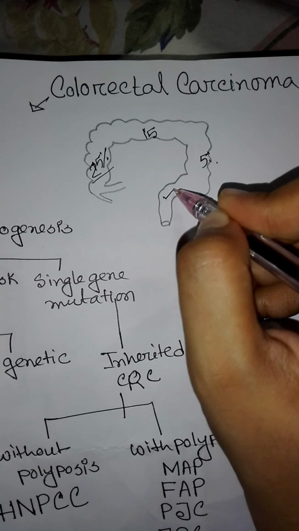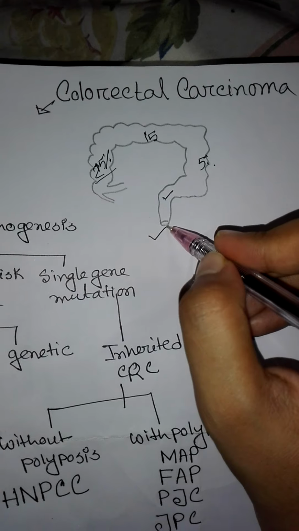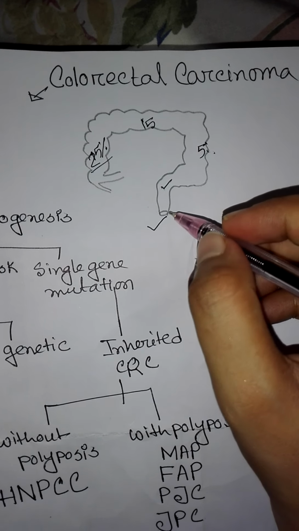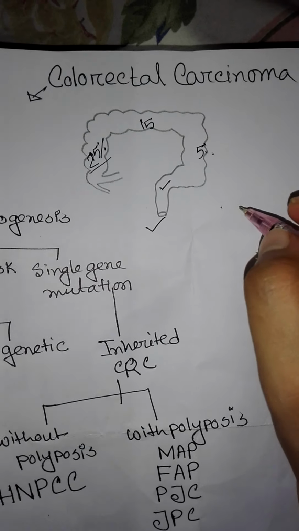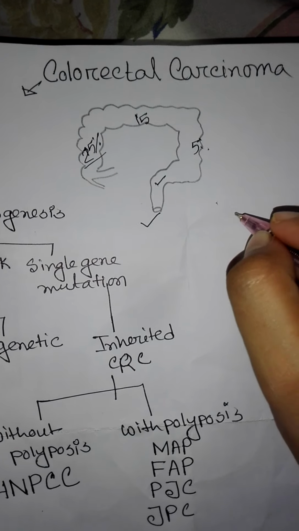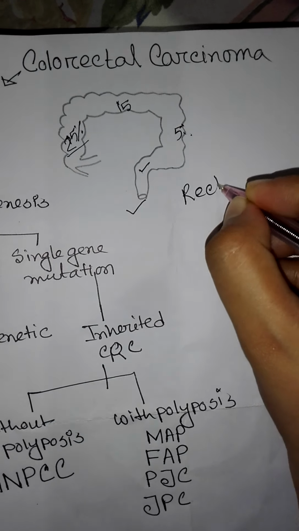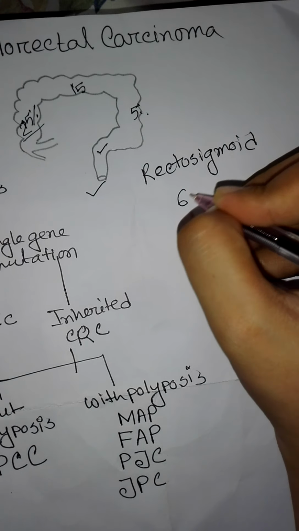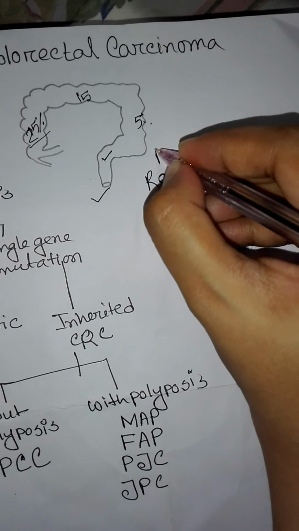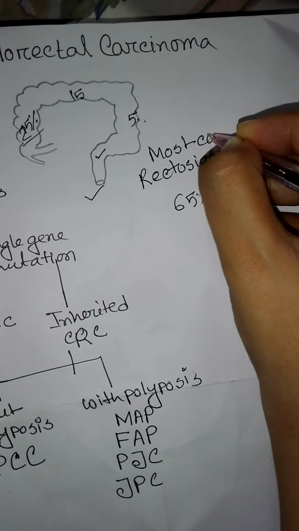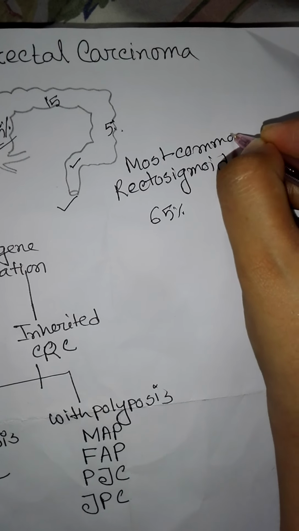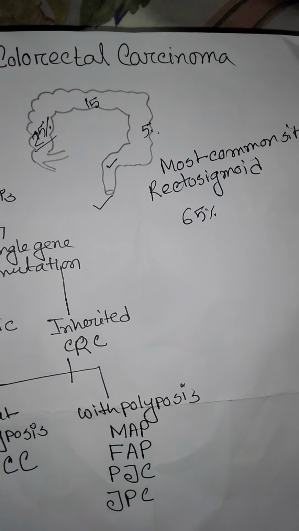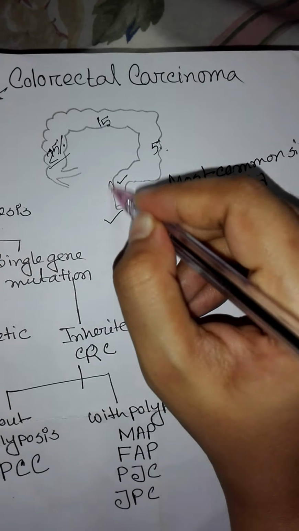But in the rectum and sigmoid colon, the most common site of cancer is rectosigmoid, 65% of cases. Most common site is rectosigmoid.